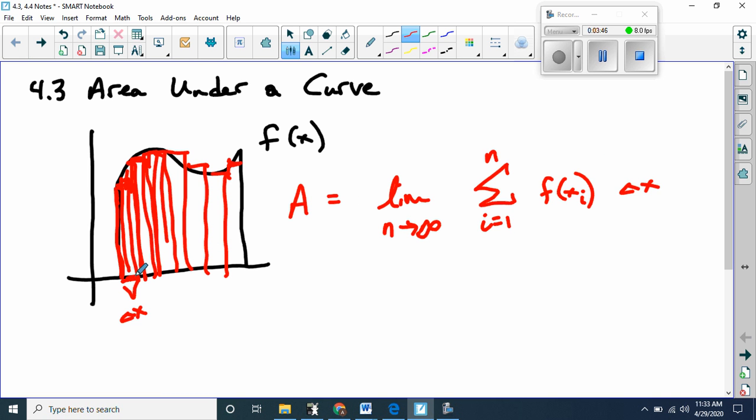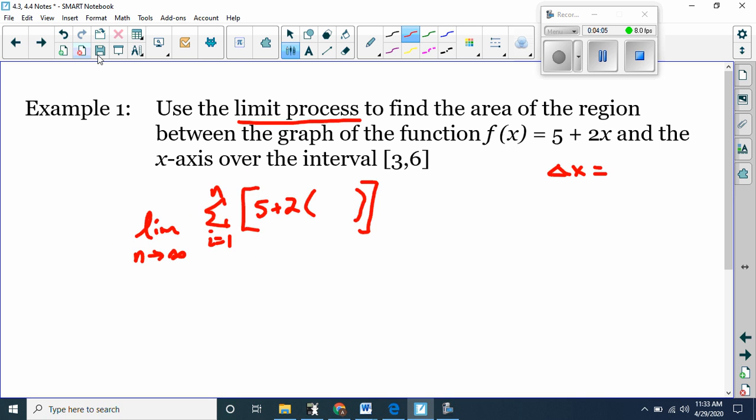If I start at 3 and end at 6, the width of each rectangle is going to be this distance, which is 3 units from 3 to 6, divided by the number of rectangles I have. So in this case, delta x is 3 over n, since we have n rectangles.